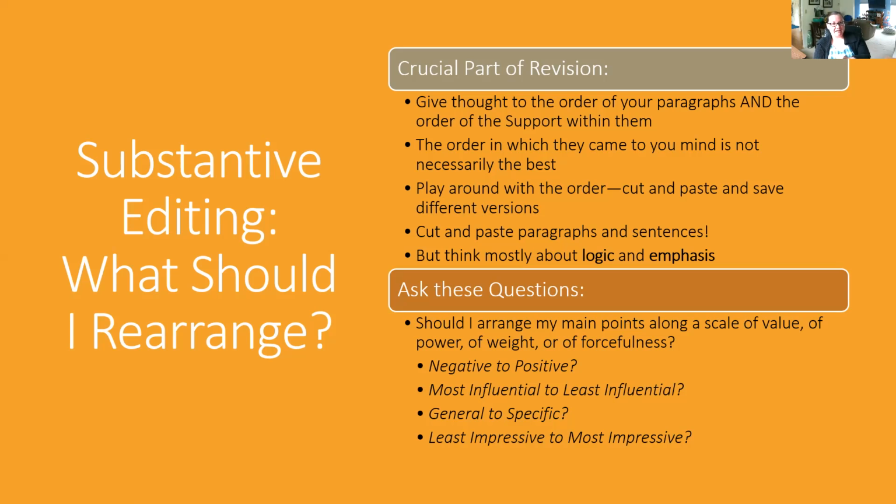And what we mean by that is, do you want to arrange your main ideas from negative to positive, or from most influential, the most important, to the least important, or the opposite, the least impressive to the most impressive? General to specific.